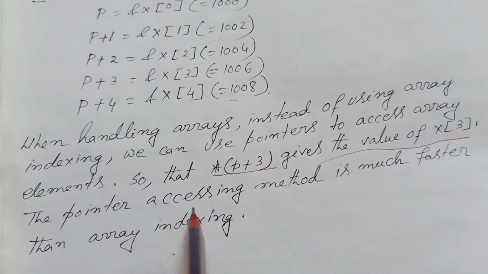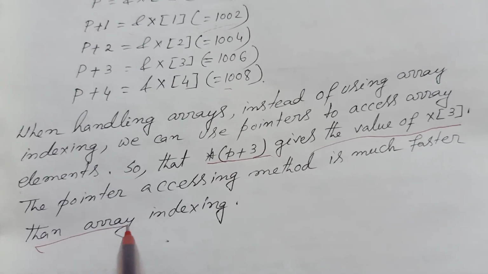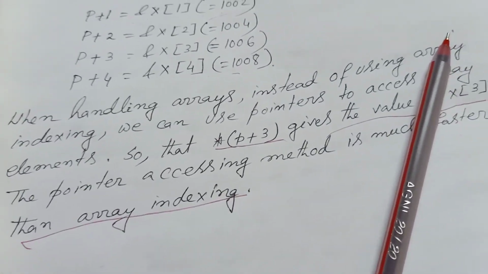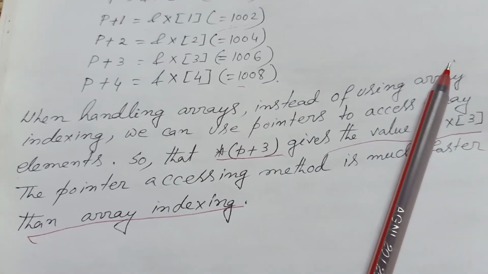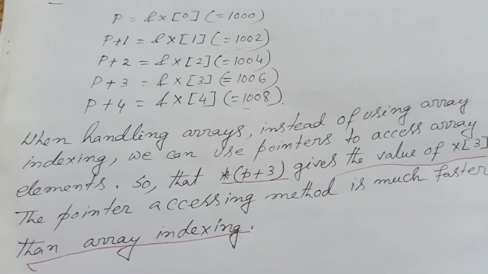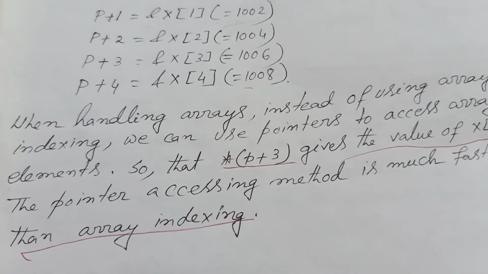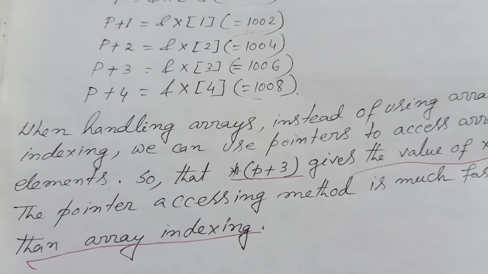The pointer accessing method is much faster than array indexing. So using pointers, we can easily use it, and it is much faster than array indexing.